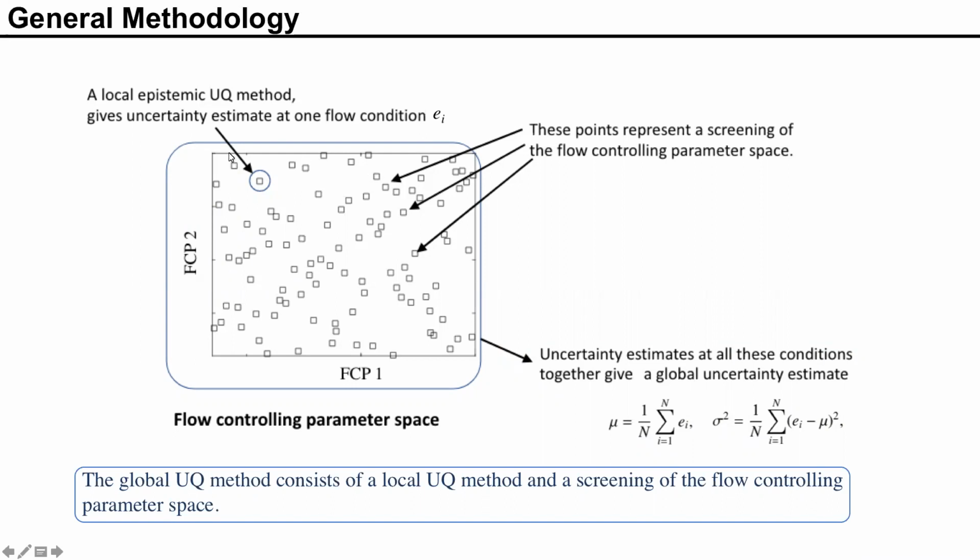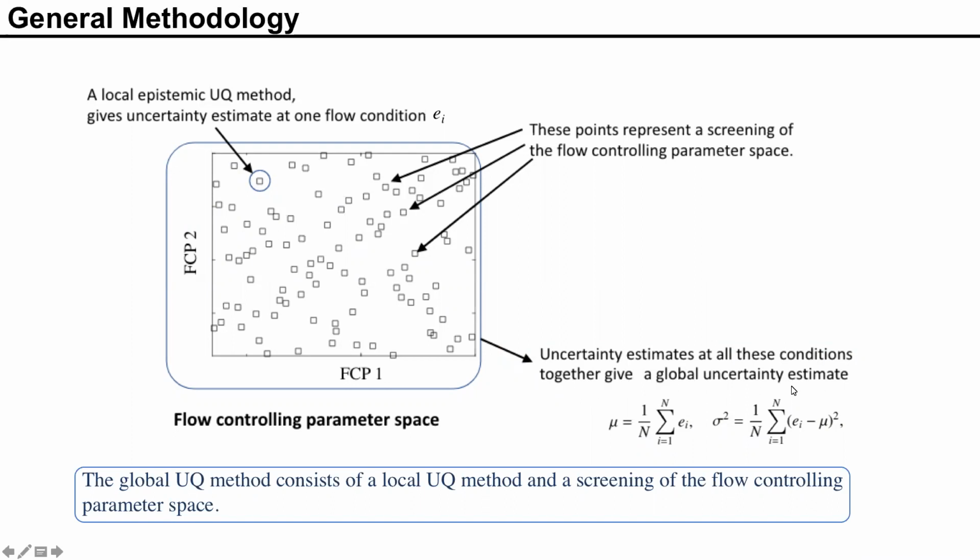We can screen this flow parameter space by randomly sampling in this space, as you can see here. This represents a screening of the flow controlling parameter space. Now, if we apply a local epistemic UQ method at every point, then we'll have uncertainty estimates at all conditions. And those estimates together give a global uncertainty estimate.